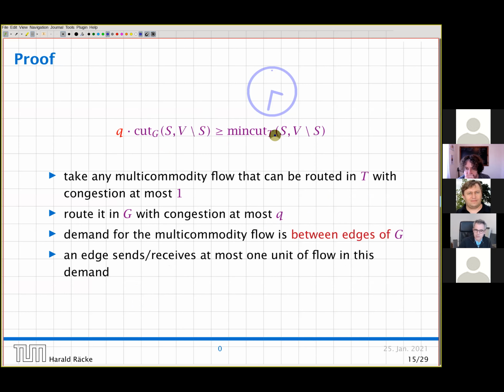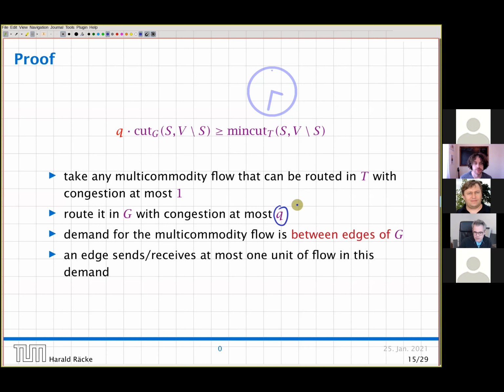And for this, I take any multi-commodity flow that I can route in T with congestion 1, and then I want to route it in G with approximately the same congestion. So sorry, I can route it in T with congestion 1, and then in G I may route it with congestion Q. And if I can do this, then it tells me that all the cuts are not too much smaller.